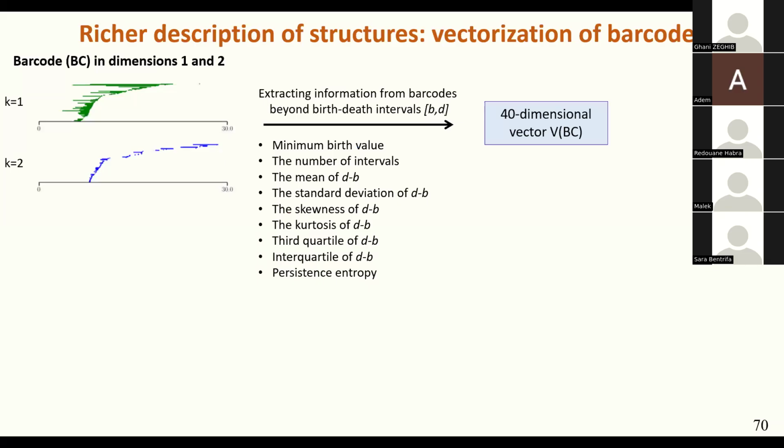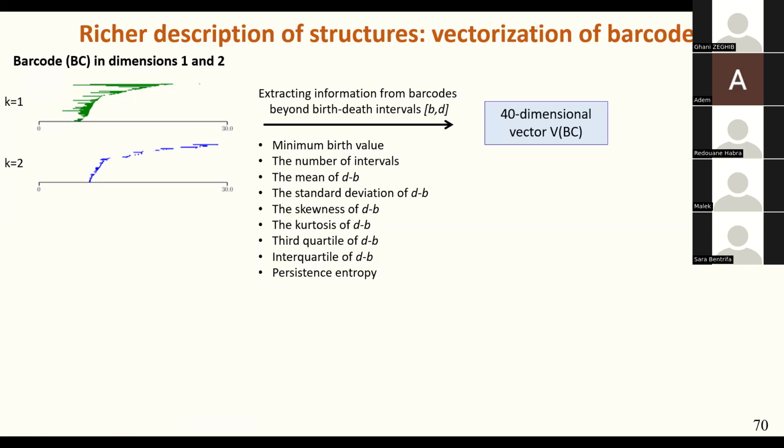That's why I defined several measures on barcodes, such as the minimum birth value, the number of intervals, the mean of the length of intervals, the standard deviation, the skewness, the kurtosis, the third quartile and interquartile range of d minus b, and the entropy in dimension 1 and in dimension 2. Using those statistics, I generated a 40-dimensional vector.